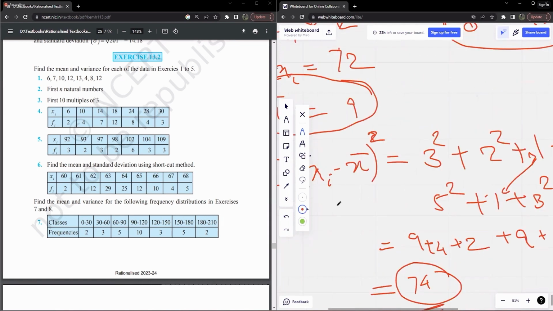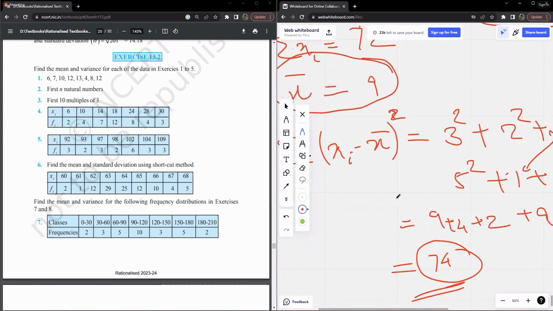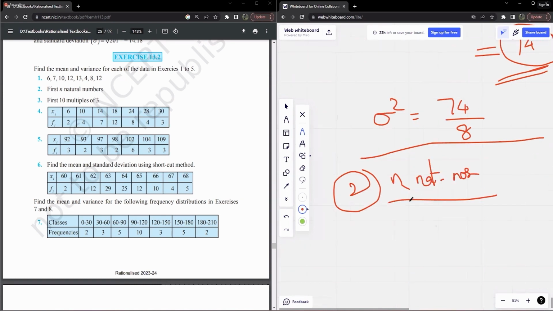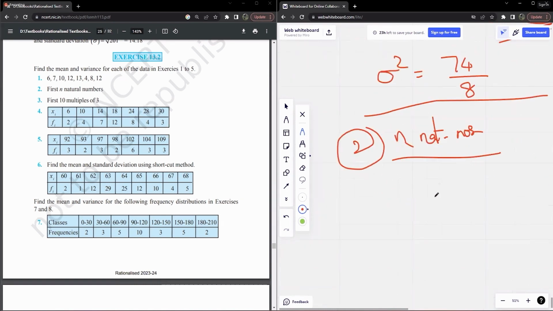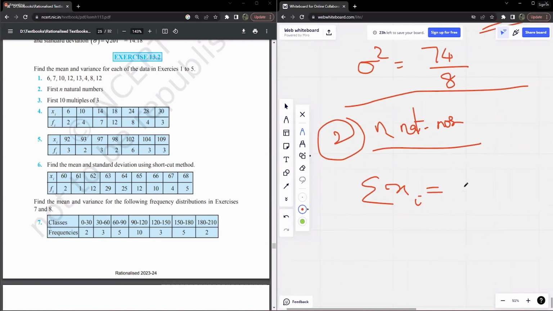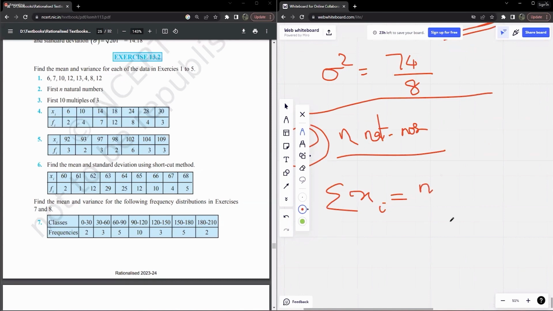Question number 2. First n natural numbers. So I'll use a formula directly. Okay. So for the first n natural numbers, we know that sigma xi is going to be equal to n into n plus 1 by 2, right?